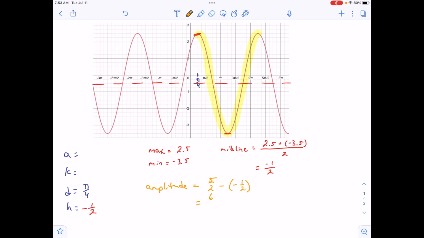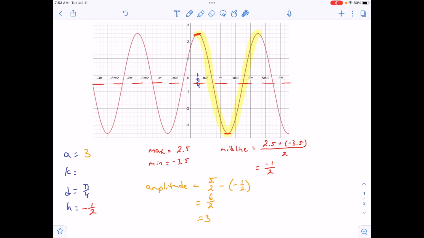This leaves me with 6 over 2 or 3. So our amplitude is 3. Our function starts where it's supposed to start. This isn't something that I mentioned previously, but there is no flip or anything happening here. This is a positive cosine function, so our amplitude is going to remain positive.